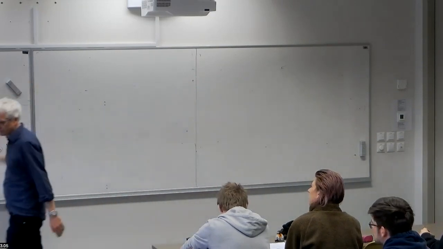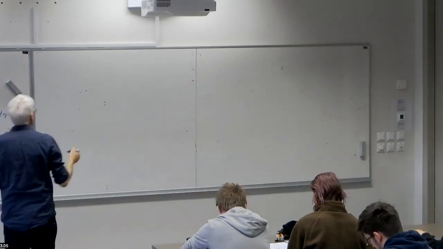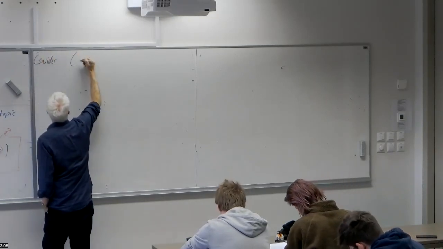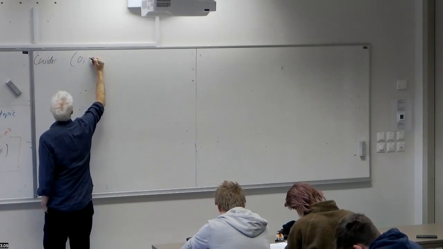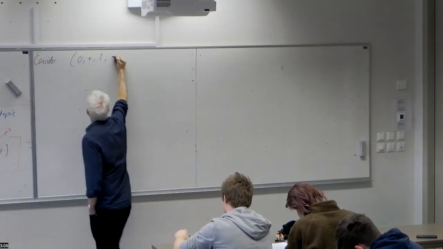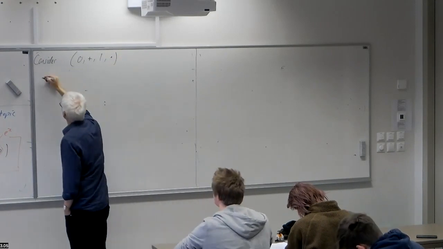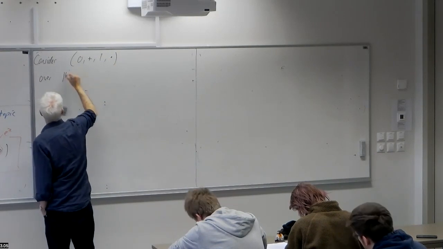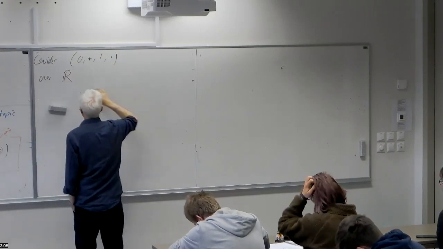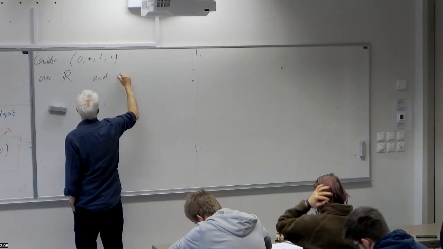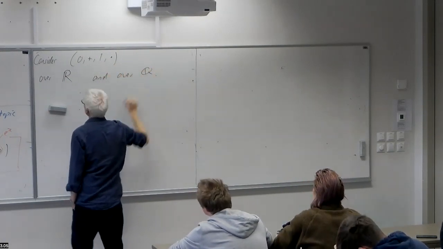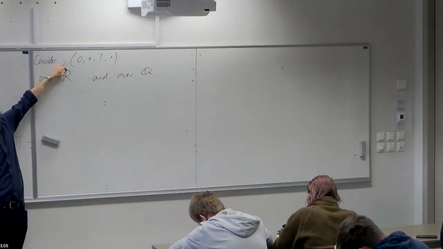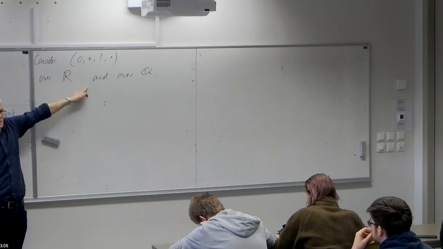So to begin with, let's consider the signature where we do have multiplication, so 0, plus, 1 and times, over the real numbers, where we started with in this lecture, Tarski's theorem, and also over Q. Can we find a sentence that distinguishes between these structures?